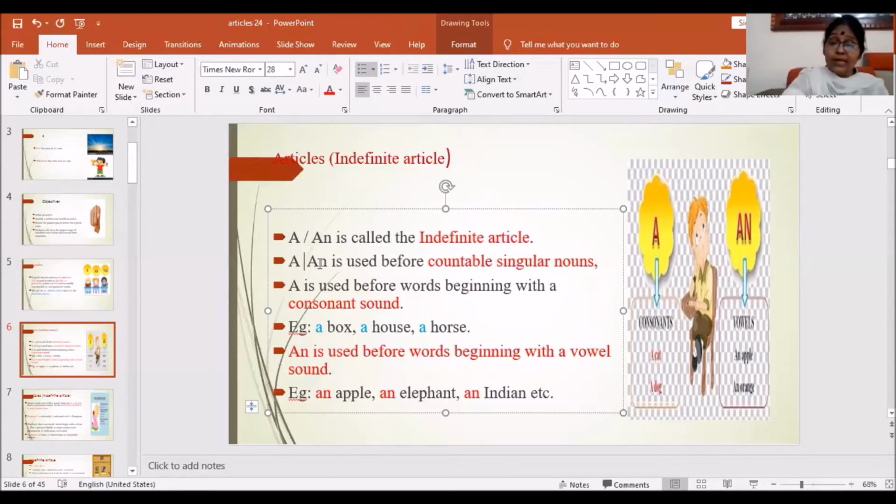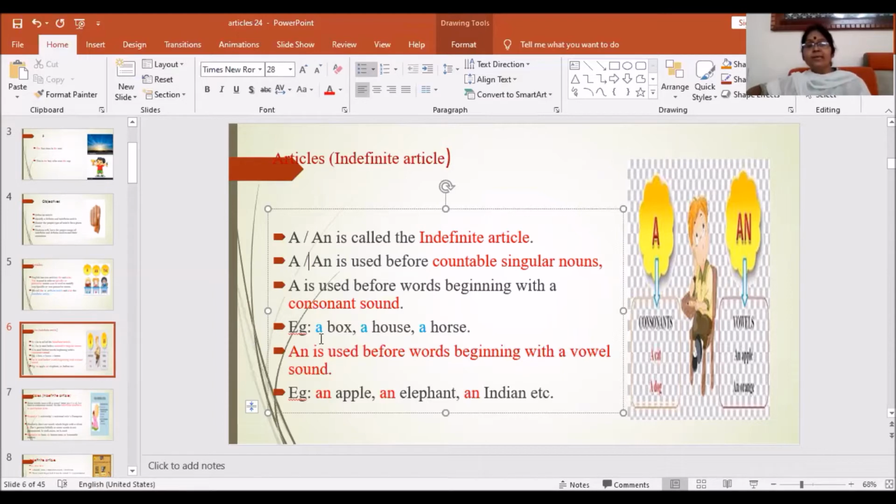We also know that a and an is used before countable singular nouns. Remember, this point has to be remembered, that the indefinite article a and an is used before countable singular nouns. First condition. Second condition is that a is used before words beginning with a consonant sound, right?